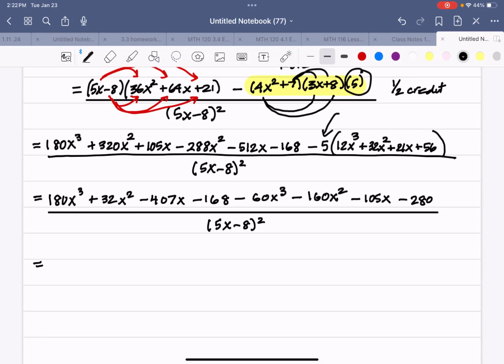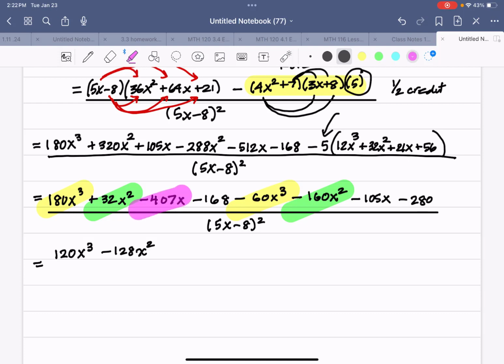So our last step is to combine our like terms. So x cubes, I have 180 and minus 60. So that's 120 x cubed. For my squares, I have a 32 positive and a minus 160. So 32 minus 160 is minus 128 x squared. Then for my x's, I have a minus 407 and a minus 105.